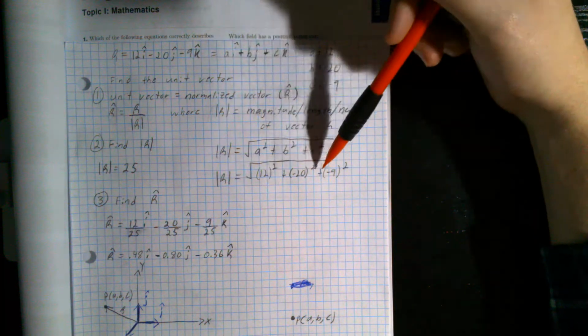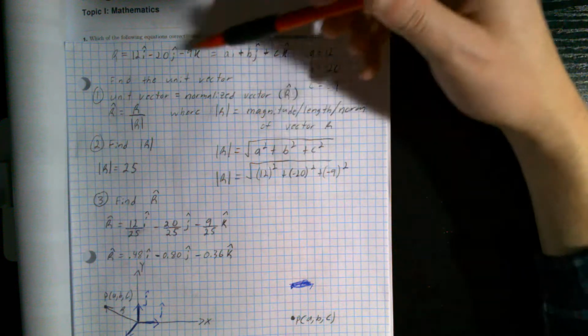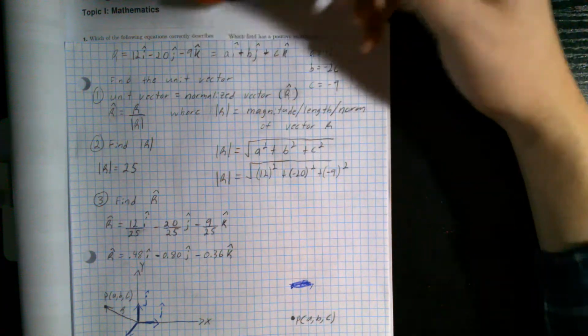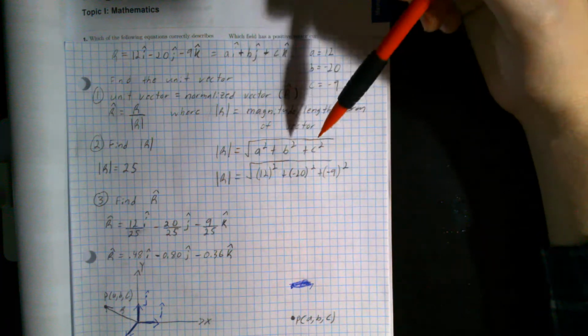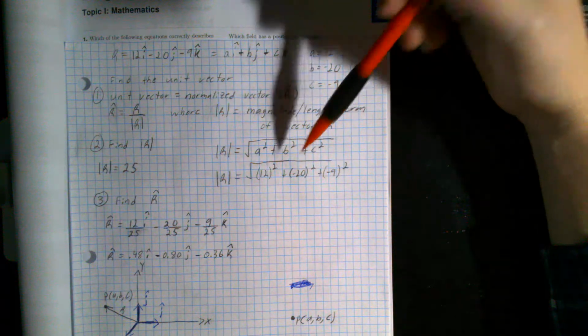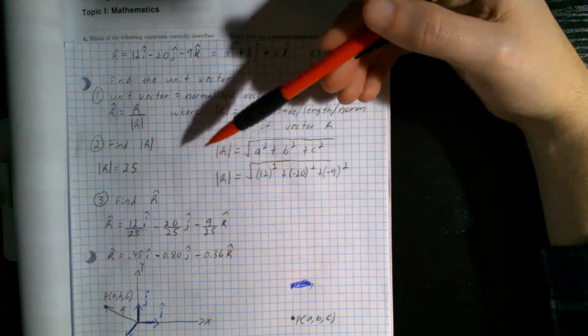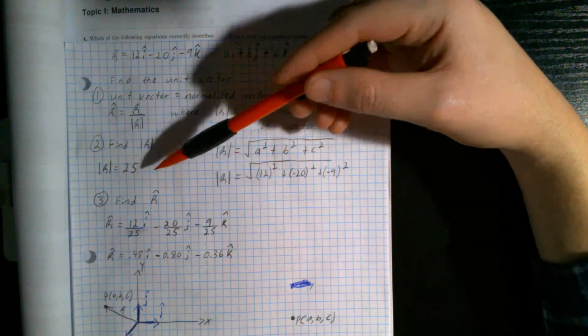So you plug it in, make sure you have your negatives with your scalars out here in the equation, because that's actually the scalar value. They're just summed up. So you plug all that in, come out and determine that that's 25.